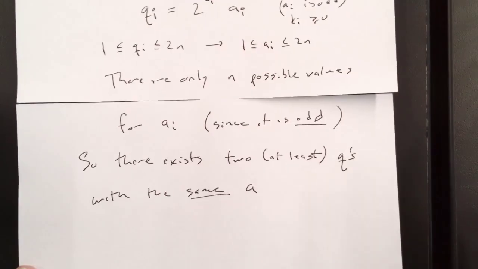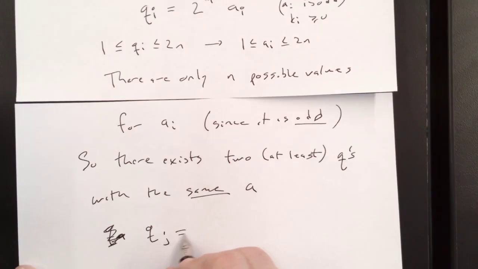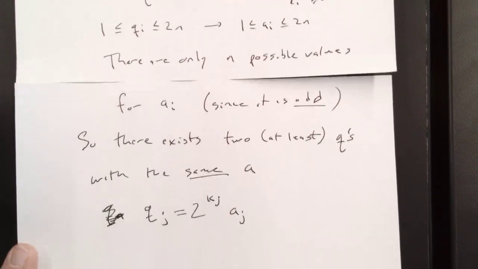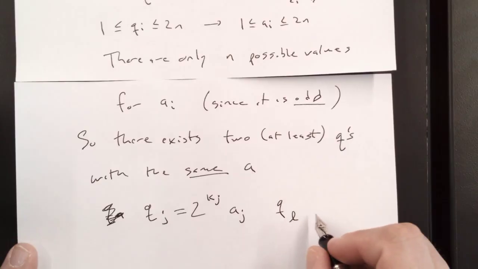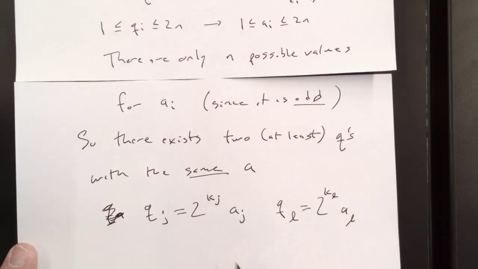I'm going to say, oh, I've got q_j is 2 to the k_j a_j, and q_l is 2 to the k_l a_l, but those are equal.